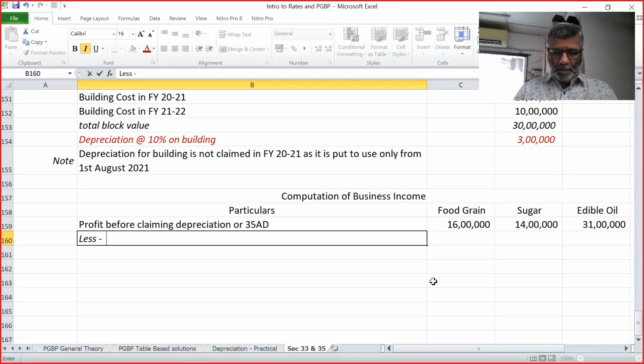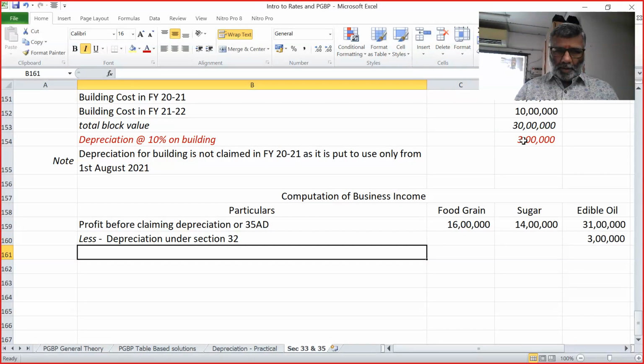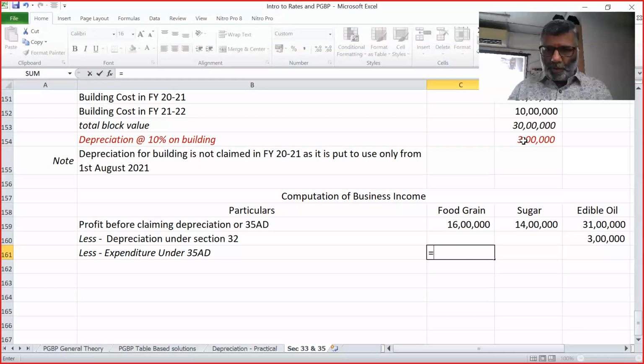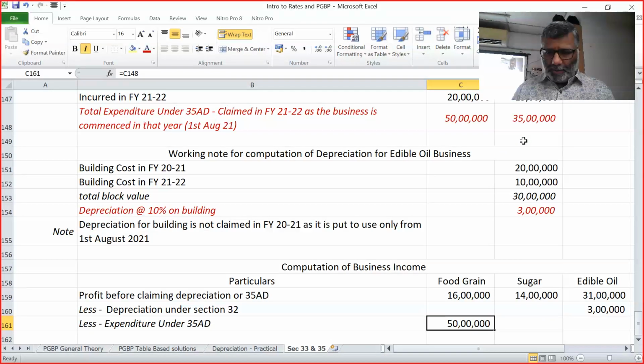Less depreciation under section 32, we just found out 3 lakhs. Less expenditure under 35AD. Since I am claiming 35AD, I cannot claim depreciation for these two things: 50 lakhs and 35 lakhs.